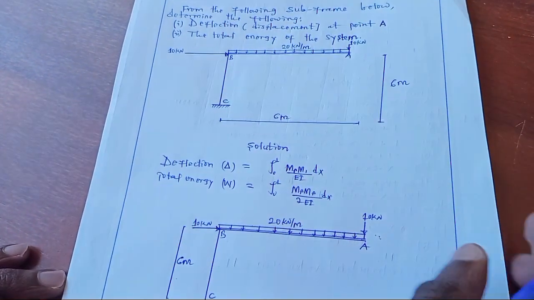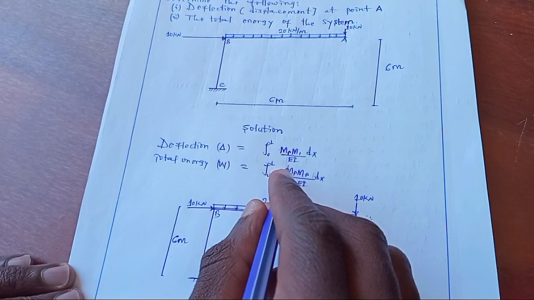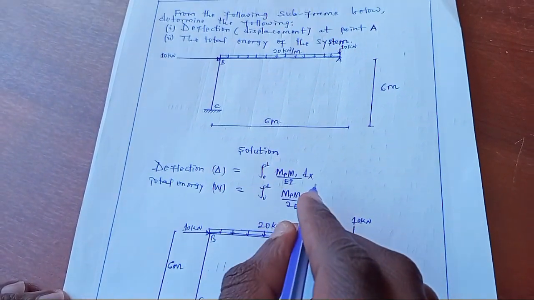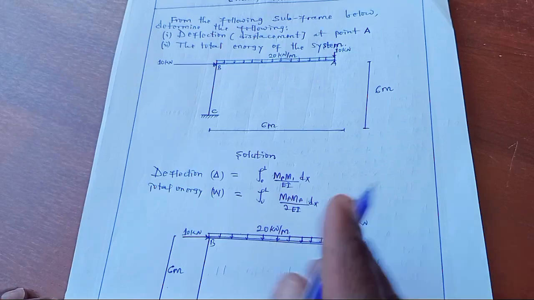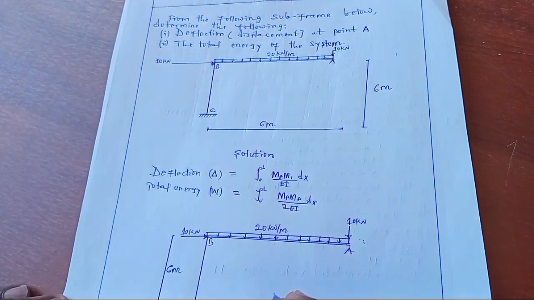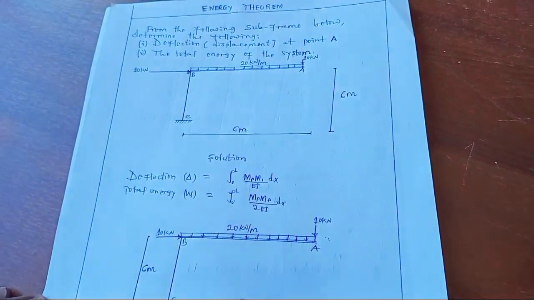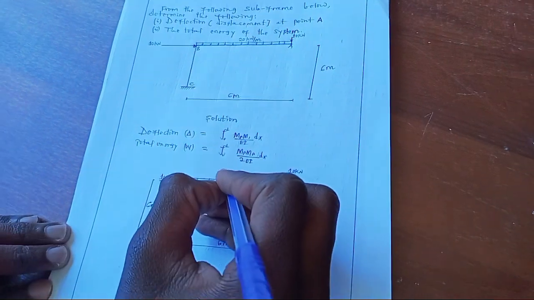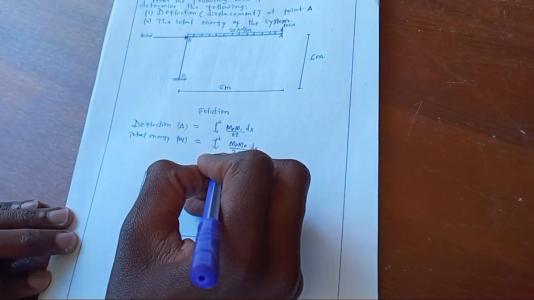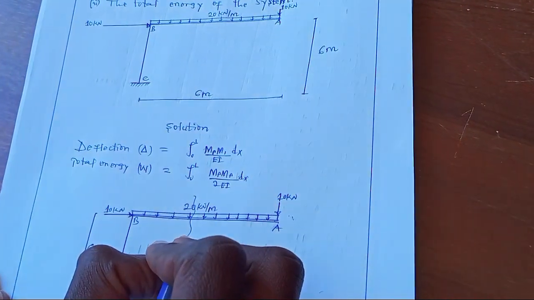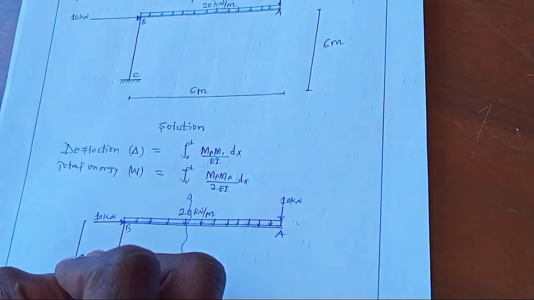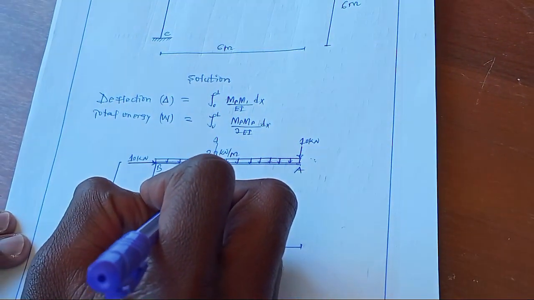So, in order to calculate the moment due to applied load and the moment due to unit load, we suppose to cut a section at a certain distance. Let's say at a known distance x. Let's say we cut the section at this one. This is section 1, and this one will be section 2.